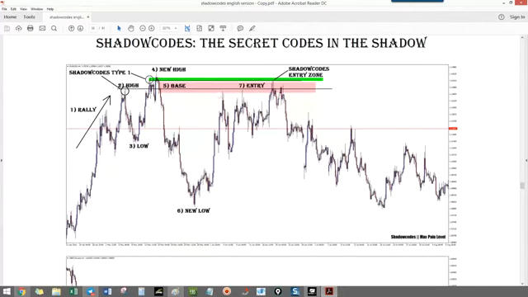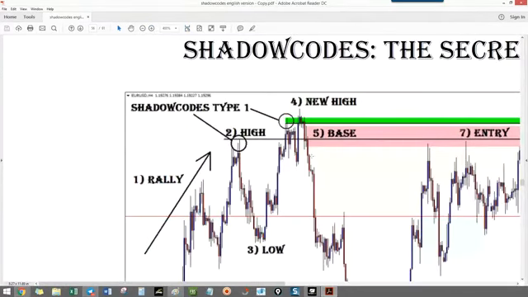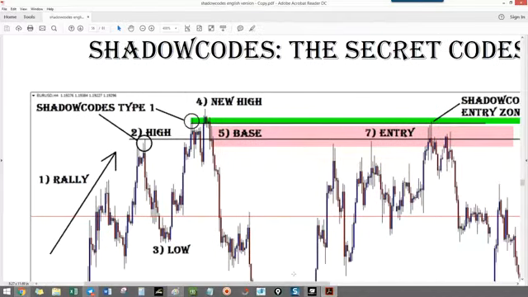Okay, so this is Shadowcode type 1 in stop loss hunting. Okay, so you have a high, you have the QM decision, QMD. Okay, but above you can see over here got a shadow codes over here. You see, very small one.